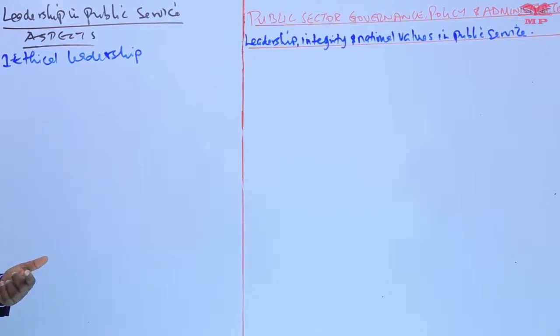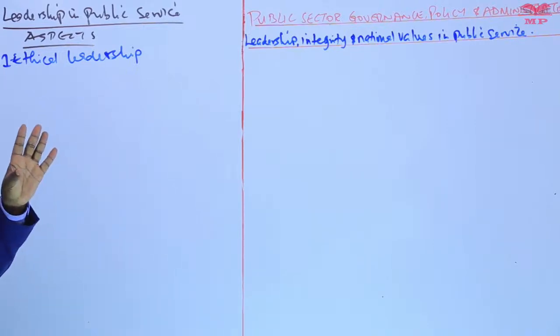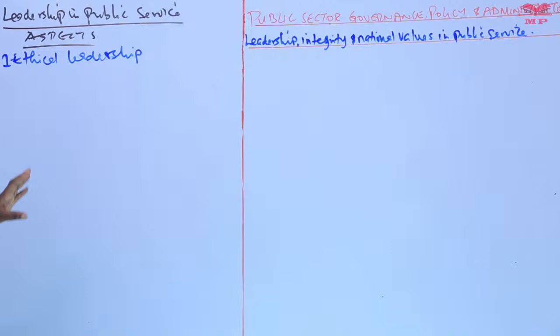And here in Kenya, we have the Ethics and Anti-Corruption Commission, which plays a crucial role in enforcing ethical standards and combating corruption in the public sector. So the first aspect of leadership in public service in Kenya is ethical leadership.